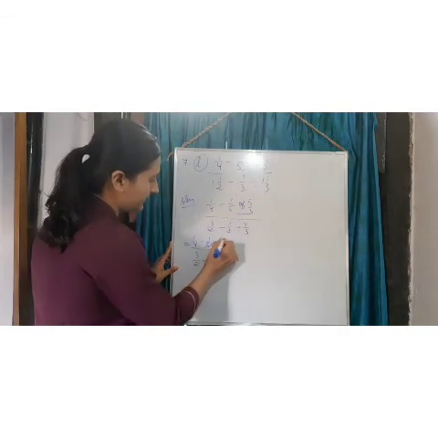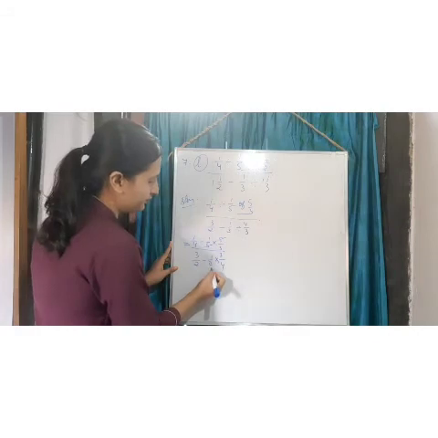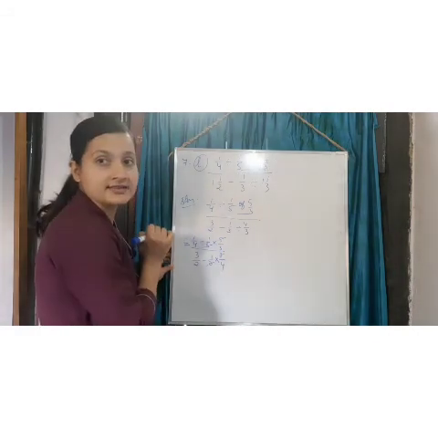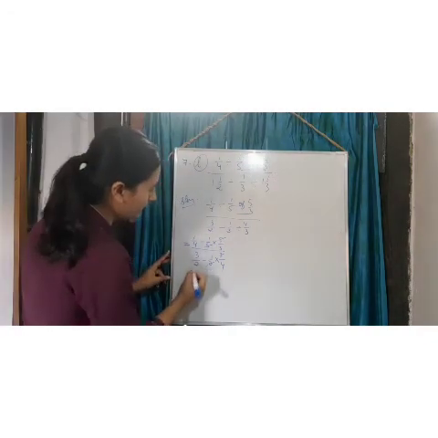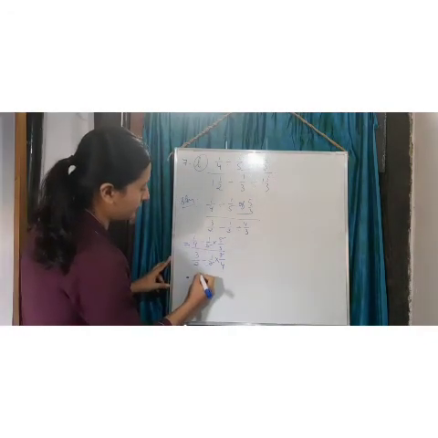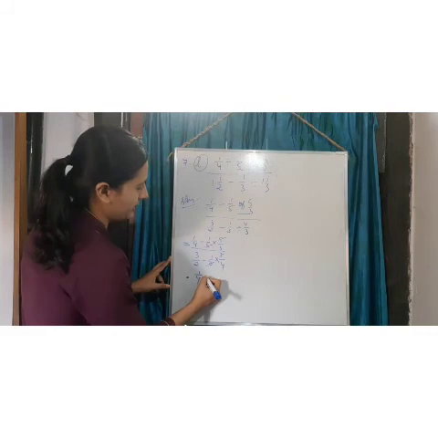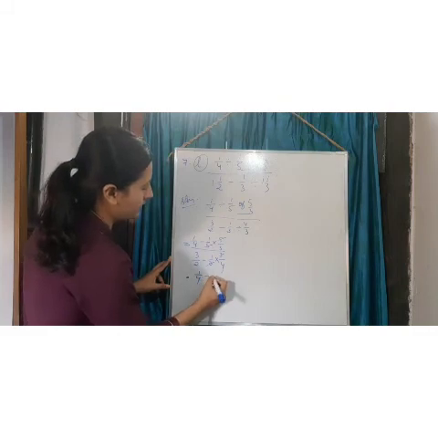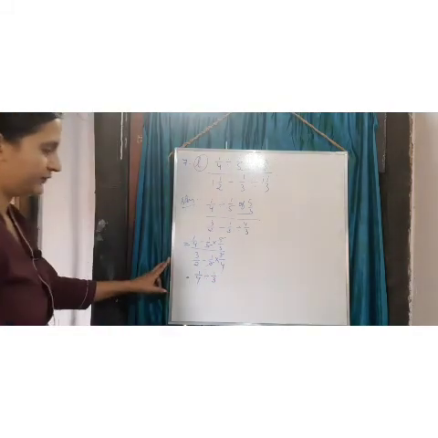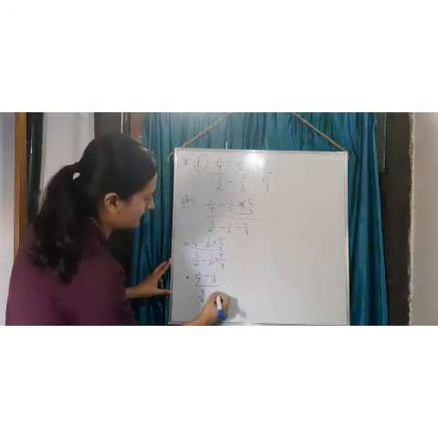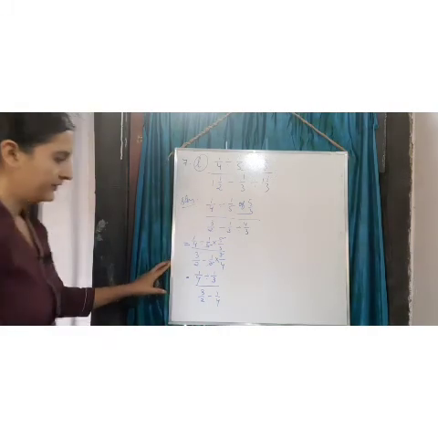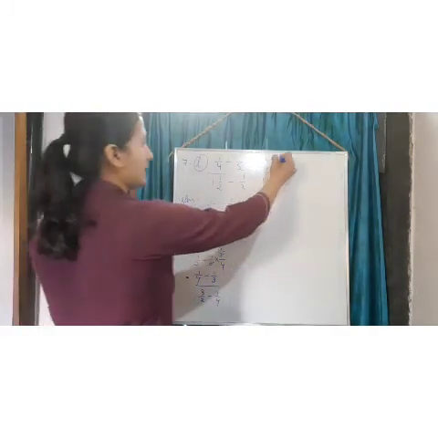Here this 5 and this 5 are cancelled, and in the denominator 3 and 3 are cancelled. Correct? I hope you all can follow this. Then what is left in the numerator? 1 by 4 divided by 1 by 3. Fine? And below it's 3 by 2 minus 1 by 4. Got it?